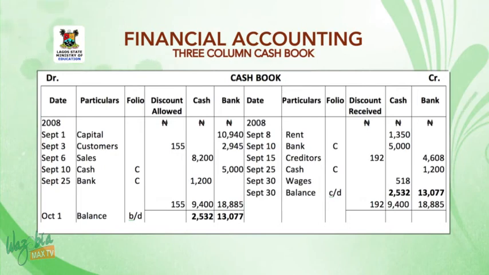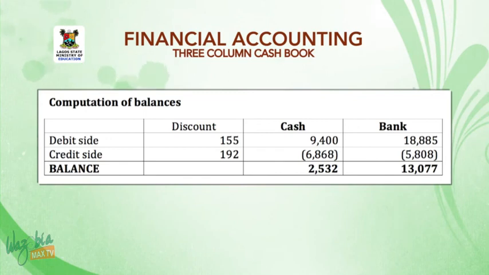Then also on the credit side, the cash and the bank, you do it as well. You total. When you total, whatever you have, you make the subtraction. So you see the computation as I have displayed now.